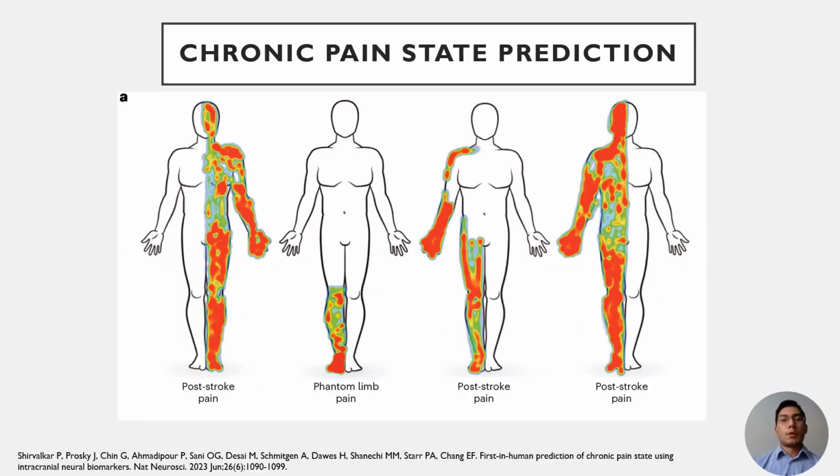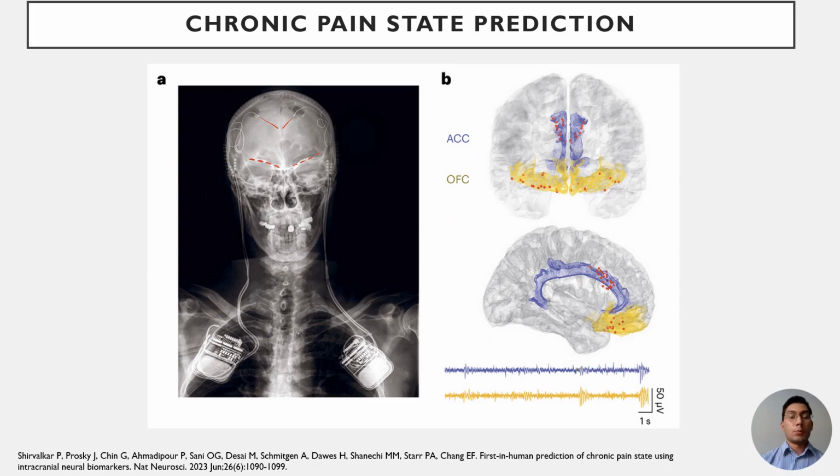The last paper we are going to talk about is a very recent one from 2023. Researchers wanted to identify pain state in patients with chronic pain. 3 out of 4 patients had post-stroke pain and 1 had phantom pain in amputated limb. As we all know, EEG has a limitation.